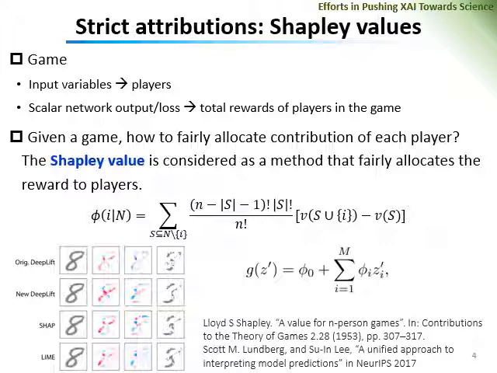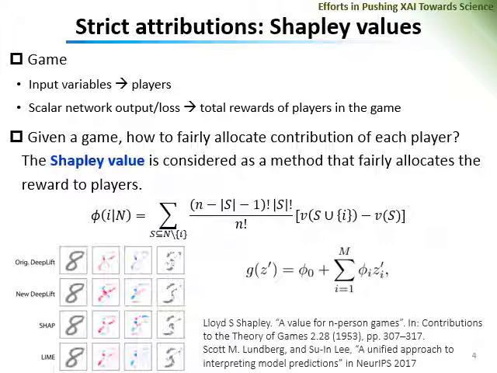That means the total effects of all input variables. So the Shapley value is designed to finally allocate the contribution of each player. That means the Shapley value estimates the importance of the attribution of each pixel to the prediction, to the classification result.